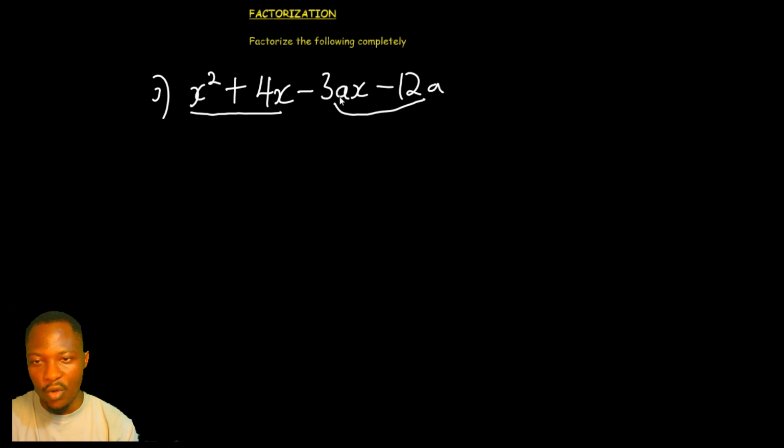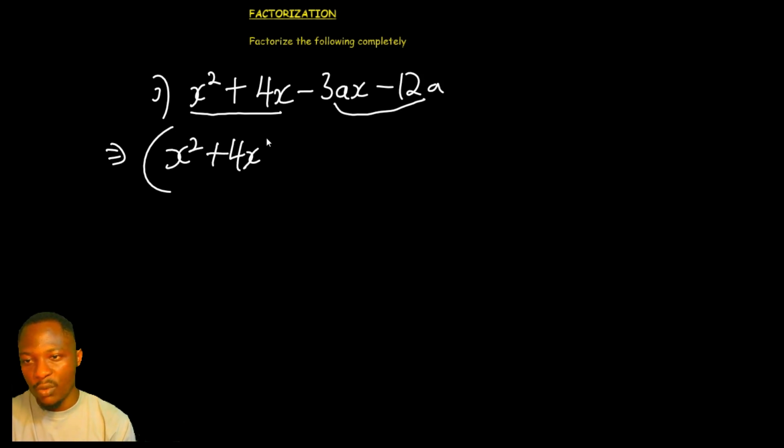Now here a is common to both 3ax and 12a. So we can just put that one into the bracket. So here we're gonna have x squared plus 4x in one bracket. Now here we have negative, so putting the next two terms in the bracket, the first term is going to remain the same, but here the negative will change to be positive, because negative times positive will give you negative.